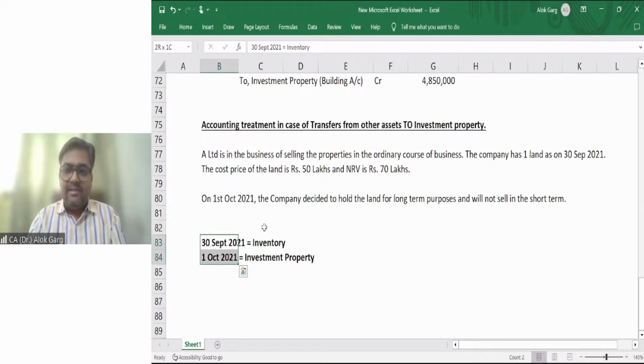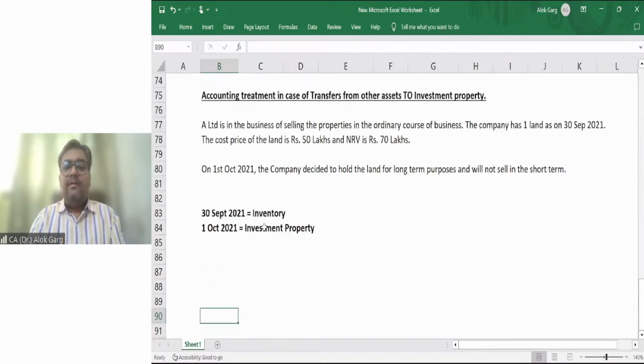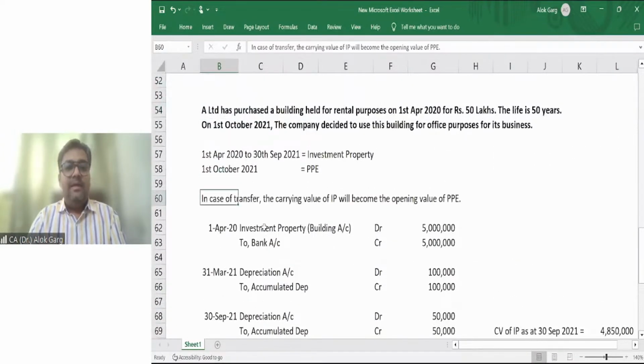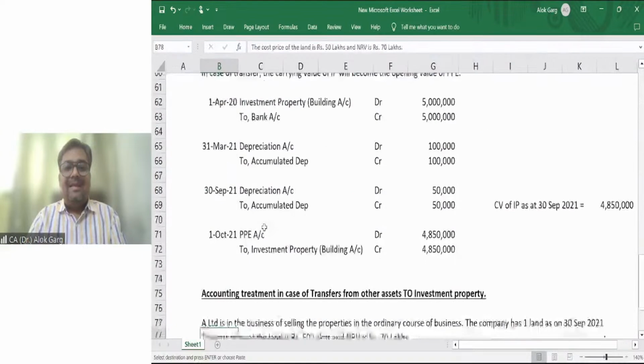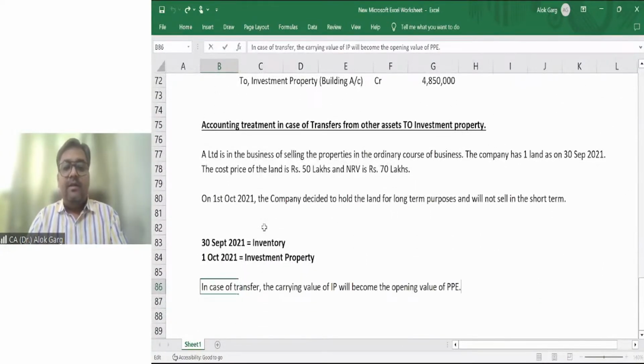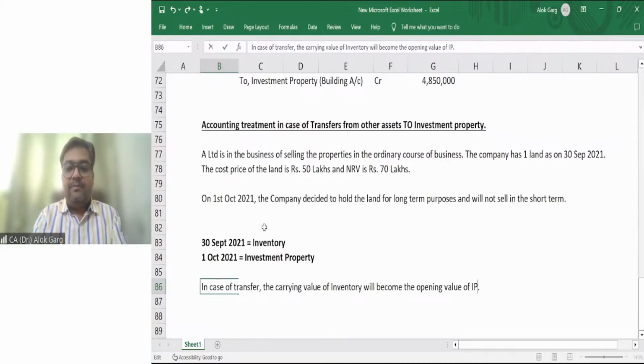Now the question arises, what will be the value of this investment property? Standard says that in case of transfer, the carrying value of inventory will become the opening value of investment property.